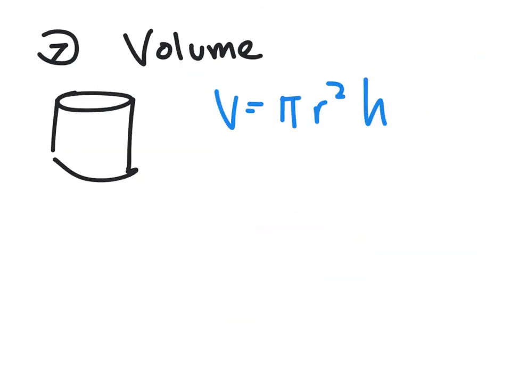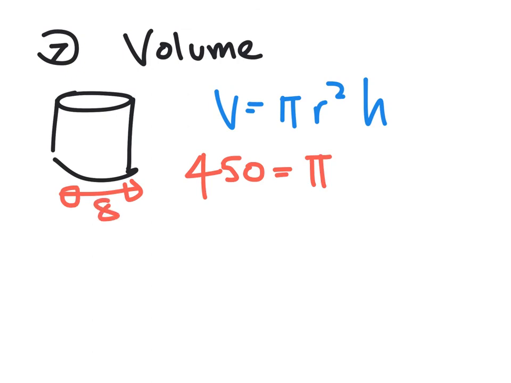Lastly, number 7. Here's the formula for the volume of a cylinder. V equals pi r squared h. What do we know? Well, the question tells us the volume is 450. Pi we know is pi. The question tells us that this distance right across is 8. So that means the radius is 4, half of that, squared times the height.